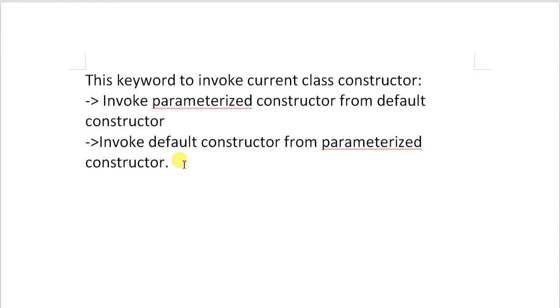Fine. So two things we need to check over here. First, we need to check how to invoke the default constructor from the parameterized constructor. Then we will check how to invoke the parameterized constructor from the default constructor by using this keyword.